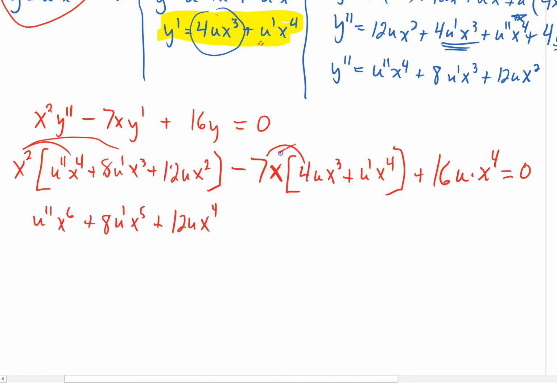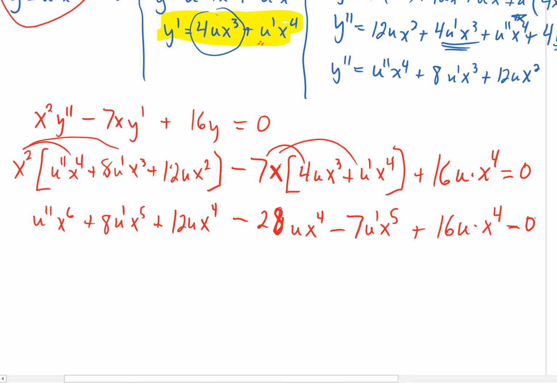Here I'm going to distribute a negative 7. Negative 7 times 4 is a negative 28, and then we'll have our u and x to the fourth here. We'll have a minus 7u prime x to the fifth. And finally, we've got our 16u x to the fourth.